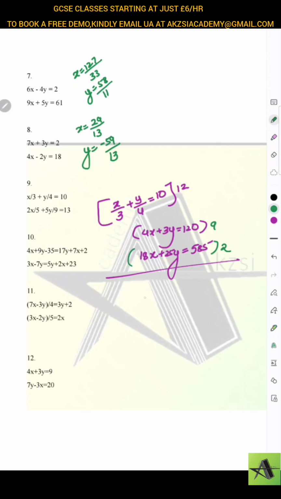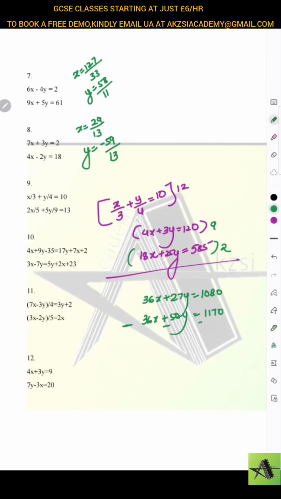So this will become 36x plus 27y is equals to 1080, and the bottom one will become 36x plus 50y is equals to 1170.